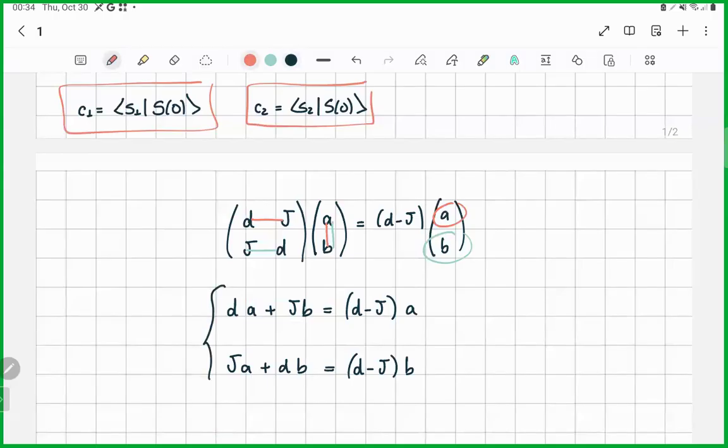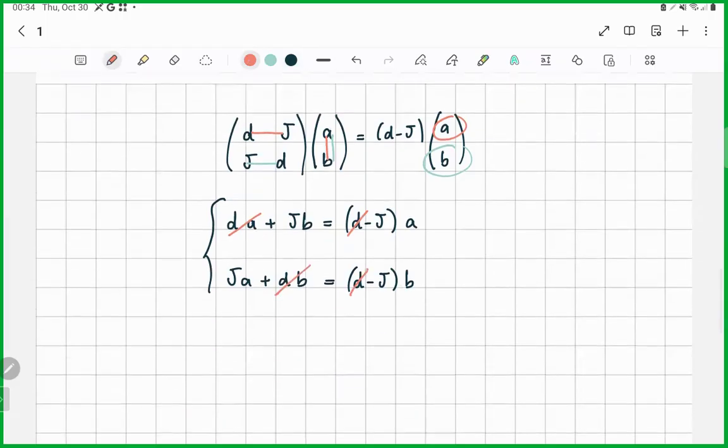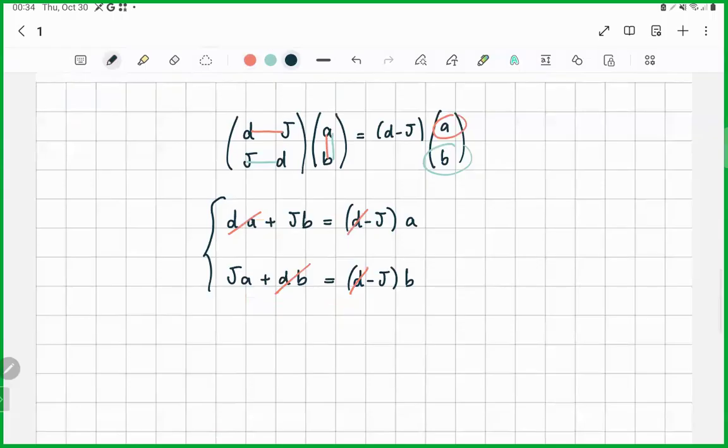There are things that we can cancel. Look, here we have DA, and here we also have DA. Here we have DB, and here we also have DB. So you see that this equation becomes very simple. It is JB equals to minus JA, and the one below, JA equal to minus JB.